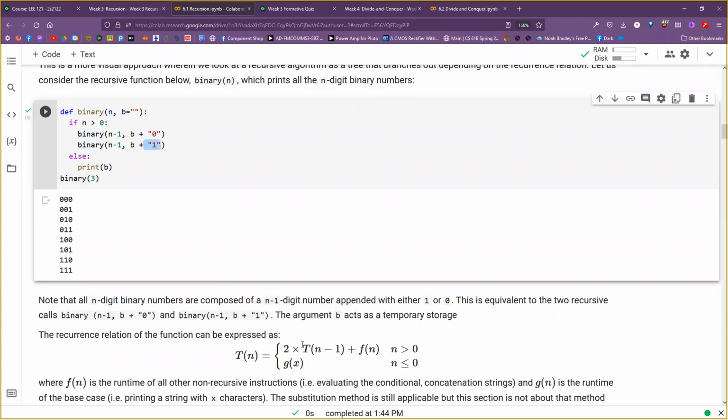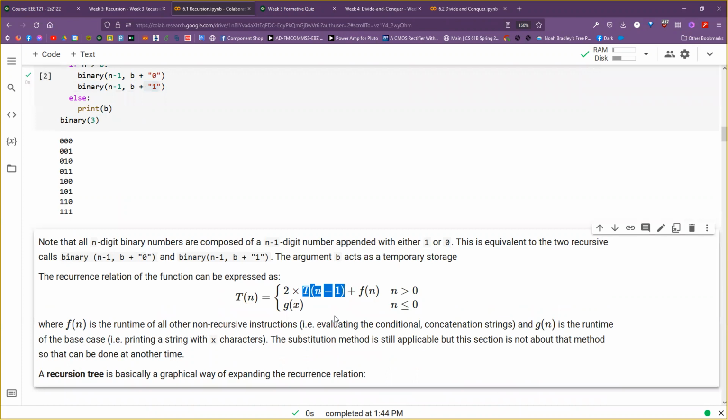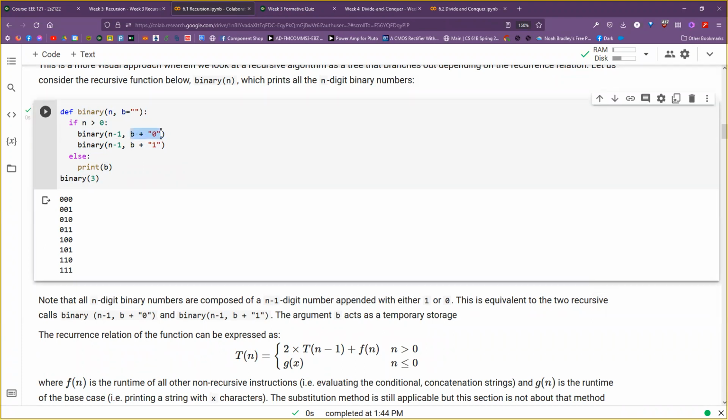So when we look at the recurrence relation, it's 2 times T of n minus 1 plus f of n. For now, we won't define our f of n yet, because the joining of strings is actually very varied in its implementation.